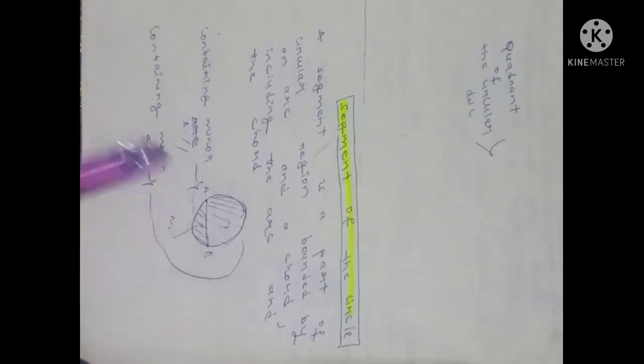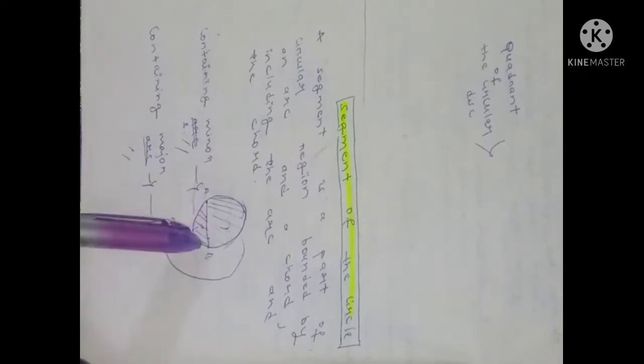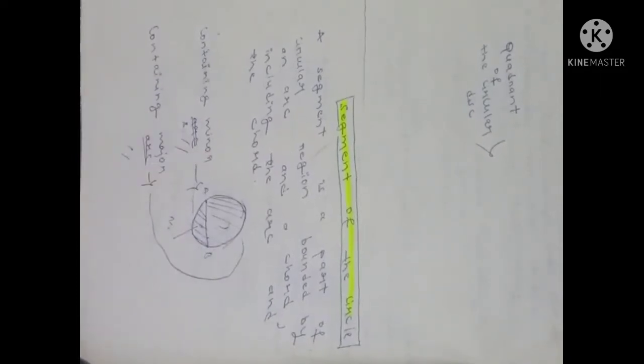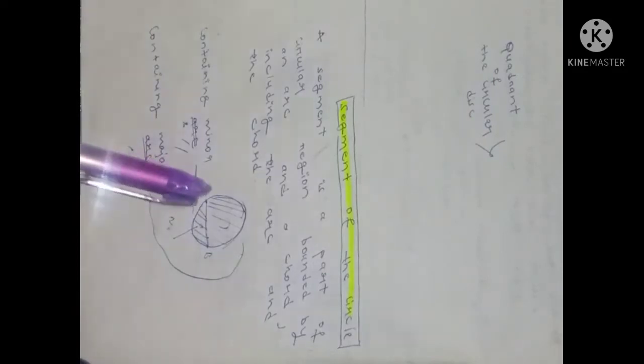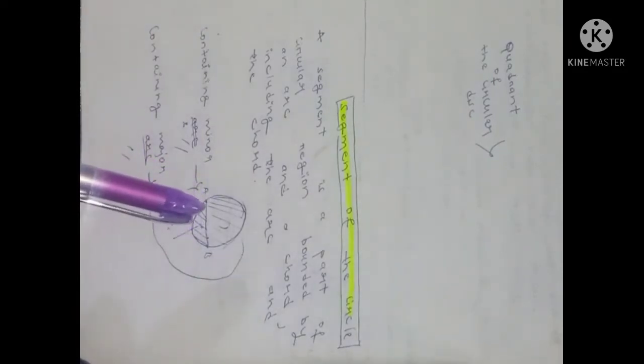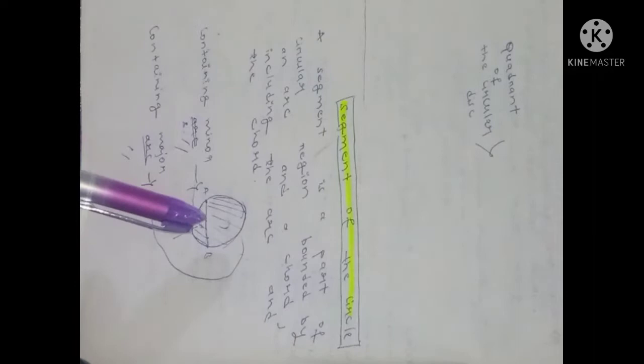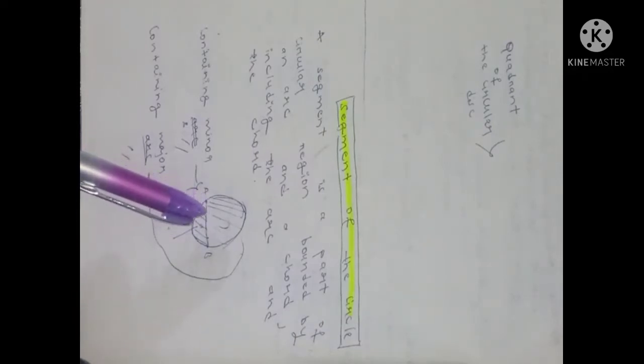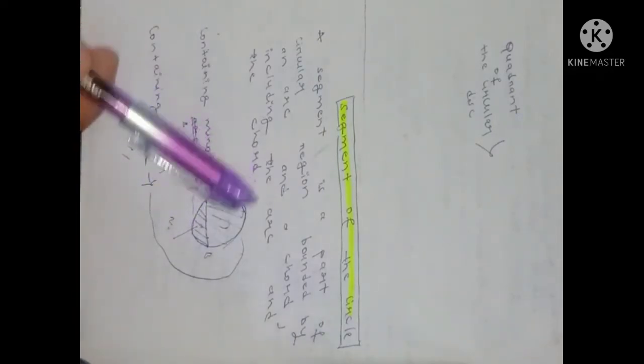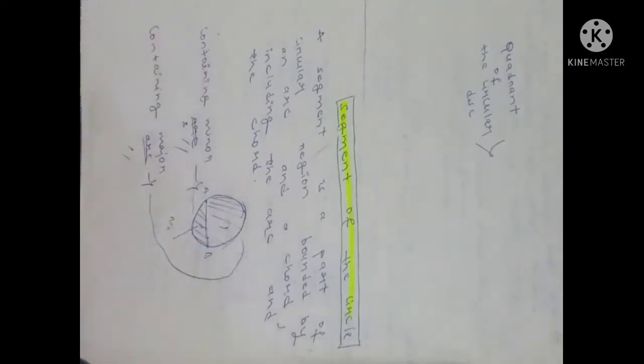The region which is surrounded by an arc and a chord is called a segment of the circle. The one which has a large area is called the major segment, and the region which has comparatively less area than the major segment is called the minor segment. Hope the difference between major and minor segment is clear.